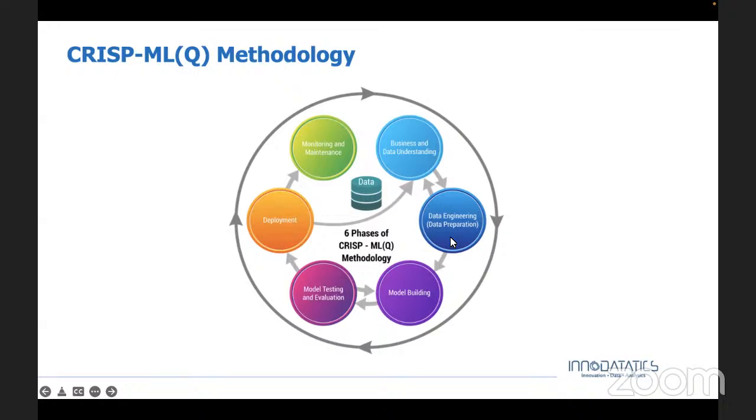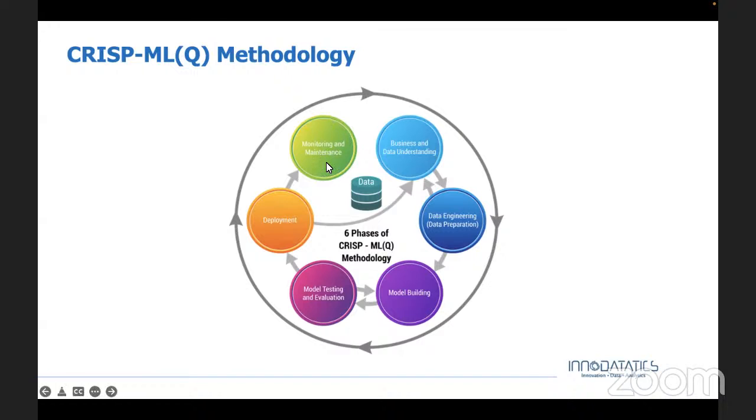you pre-process the data so that your data is valid and good enough for you to build the model on. Once you build the model, you test and evaluate to see whether your model is of good quality or not. Then comes model deployment. And after you deploy the model, you need to keep checking the results.